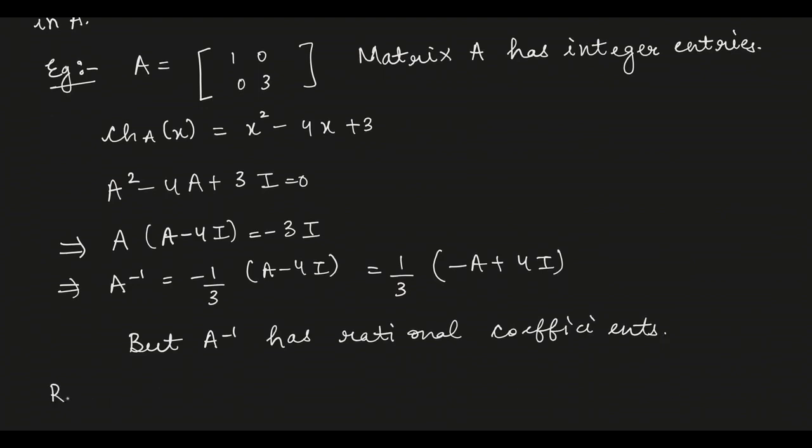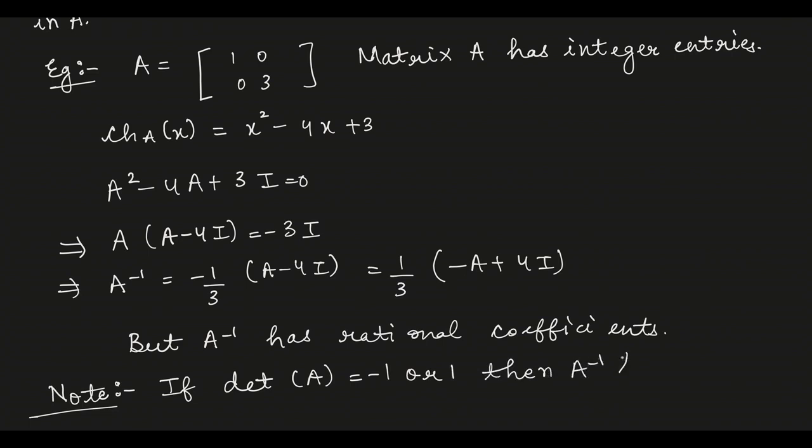A small note for this: if the determinant of A is either minus 1 or 1, provided the entries of matrix A are integers, then A inverse has integer coefficients.